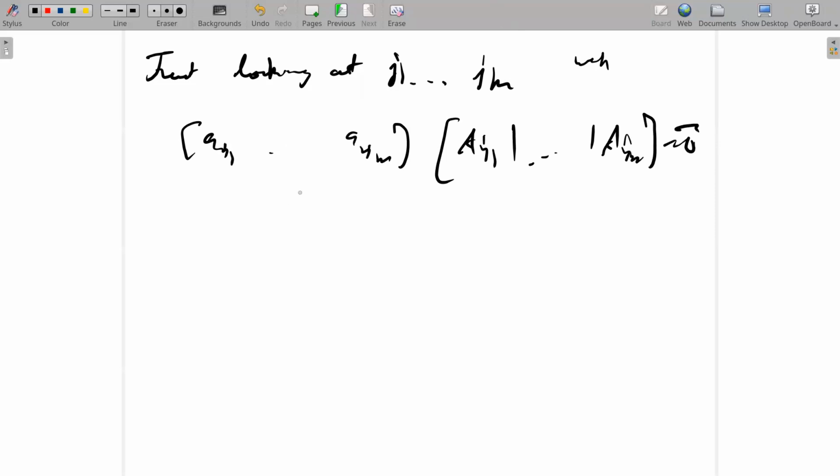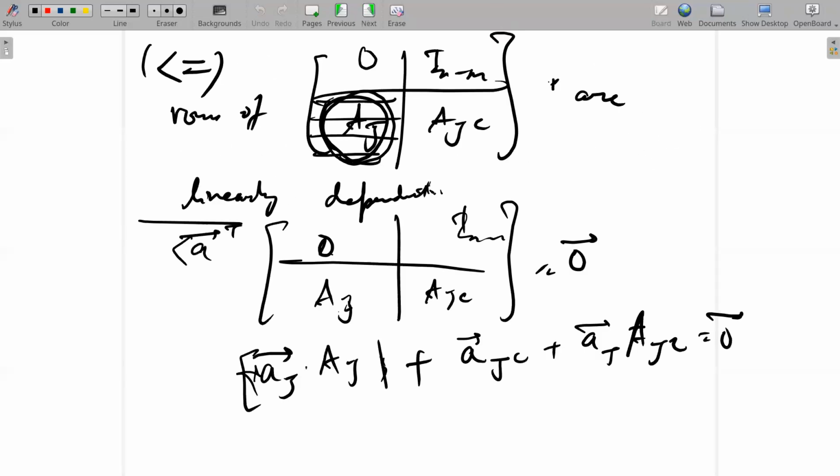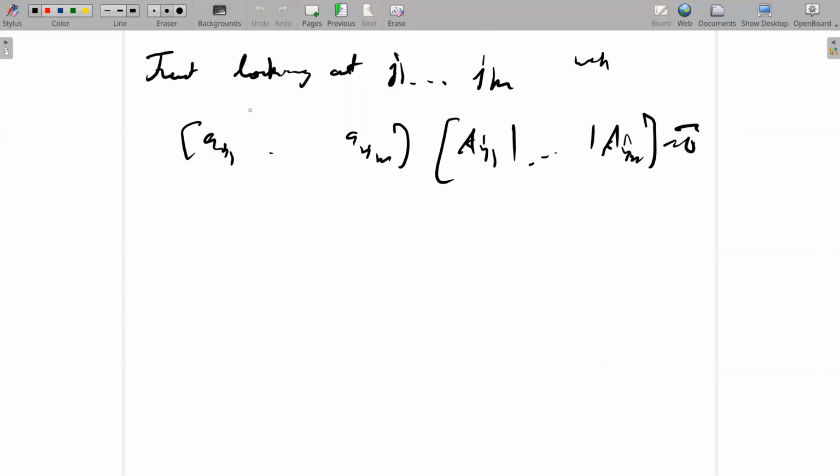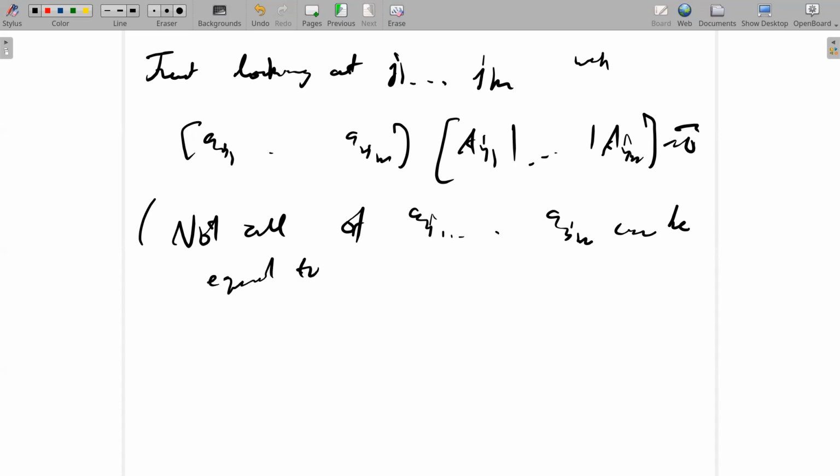So this part is clear, assuming you started with the vector A such that A transpose acting on this is equal to 0. But the only problem is that all these AJ1s could be zeros. Then this does not really prove anything. But that is not true. Not all of AJ1 through AJM can be equal to 0.